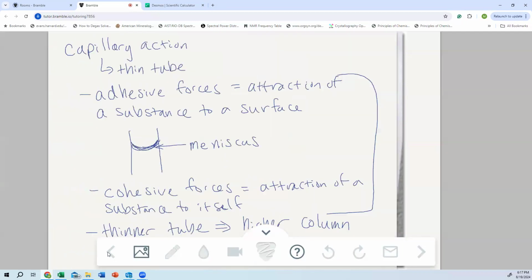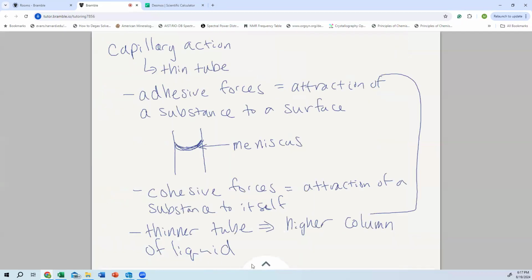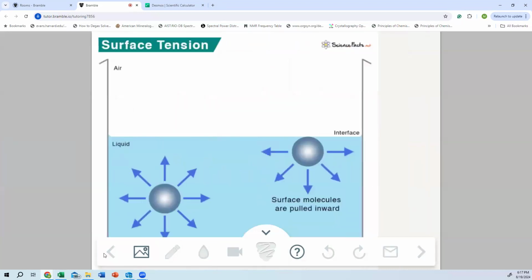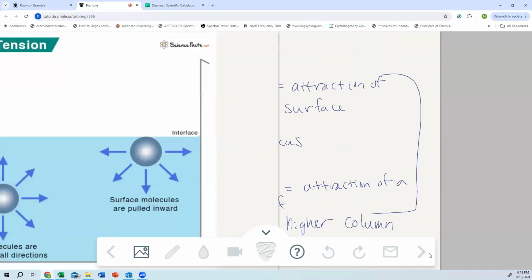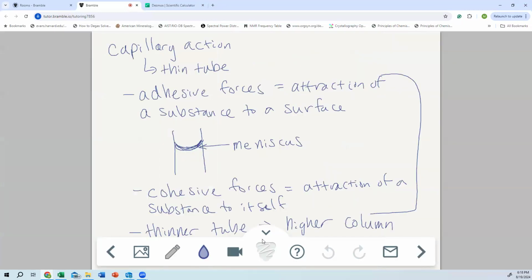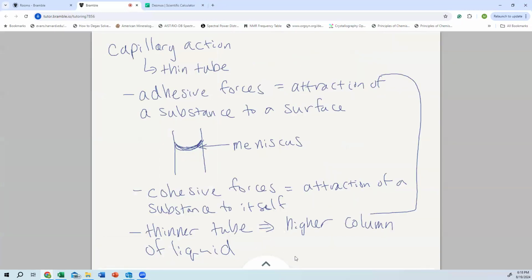And just like surface tension, which is based on intermolecular forces, this too is based on intermolecular forces. So for both of them, the stronger the intermolecular forces, the stronger the capillary action or the stronger the surface tension.